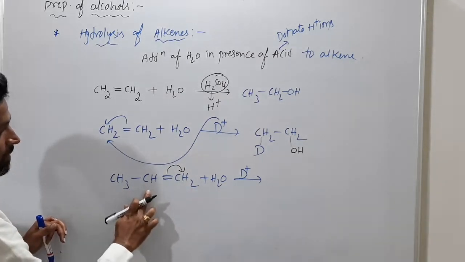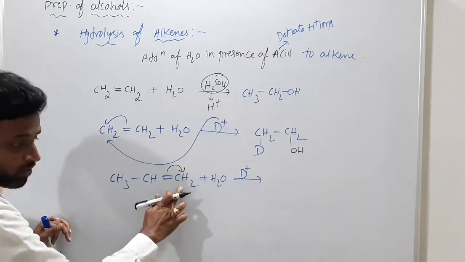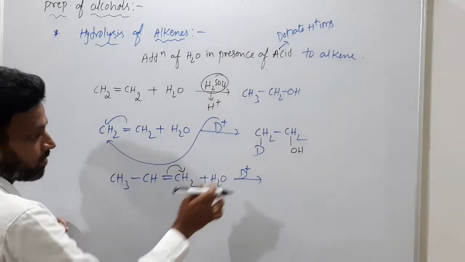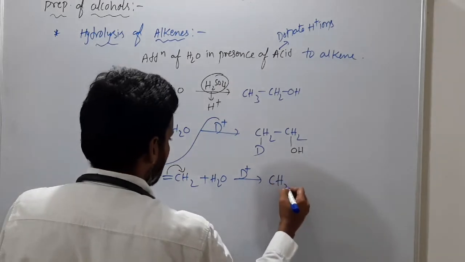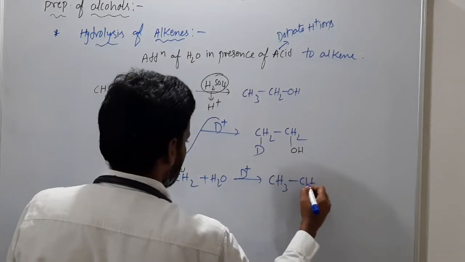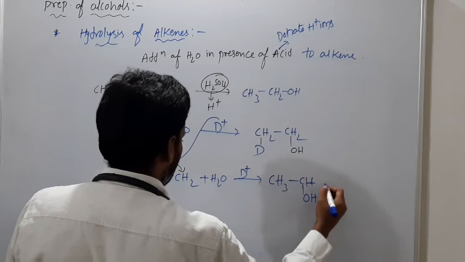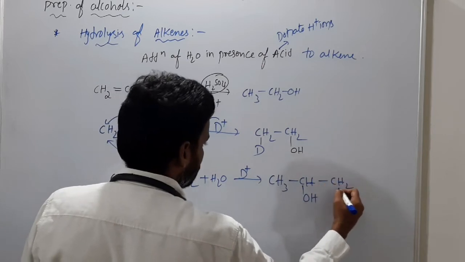Means OH will come here, for sure. So D plus will come here, because on the arrow what they gave is D plus. So finally the product is CH3, CH with OH, and CH2D here.